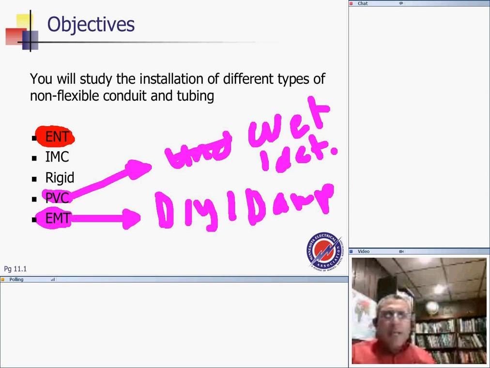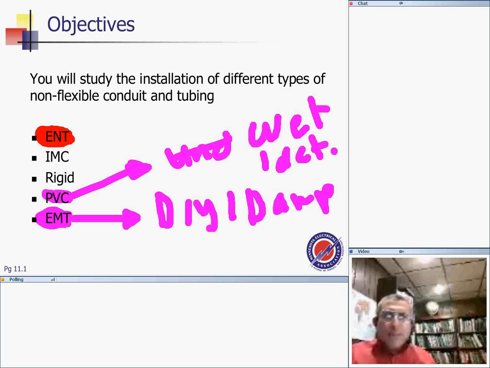That doesn't mean you can't use EMT in a wet location, by the way, you can. But for the most part, the best application for EMT, in my experience, is dry, damp location, mostly dry. PVC is your conduit of choice for wet location, underground, outside, especially direct buried. So that's basically your conduit of choice when it comes to wet.